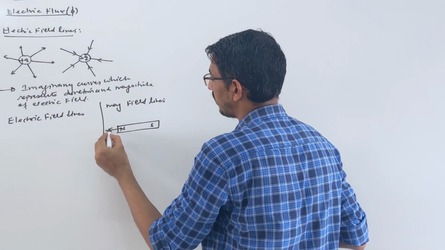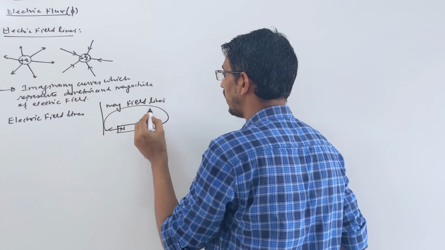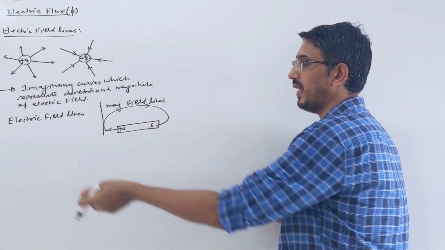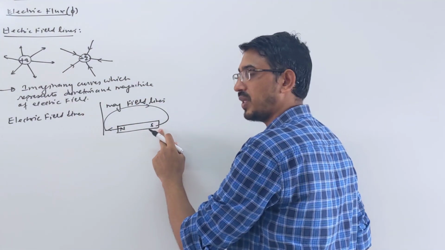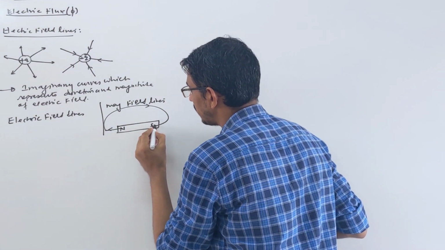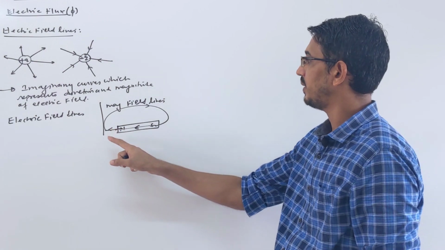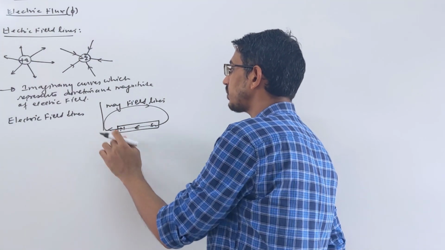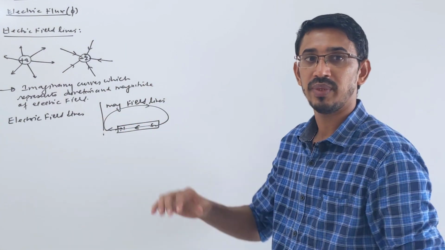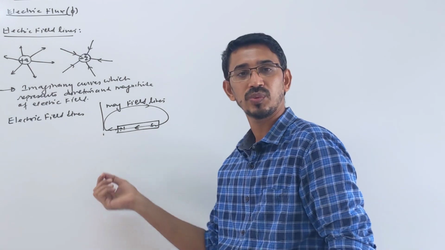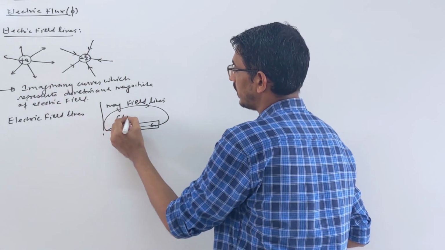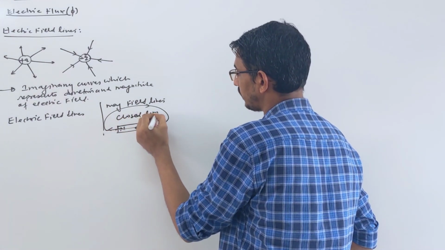Field lines start from the north pole and go toward the south pole in the air outside. But they don't stop there. They continue from the south to the north pole inside the magnet, so they make closed loops.